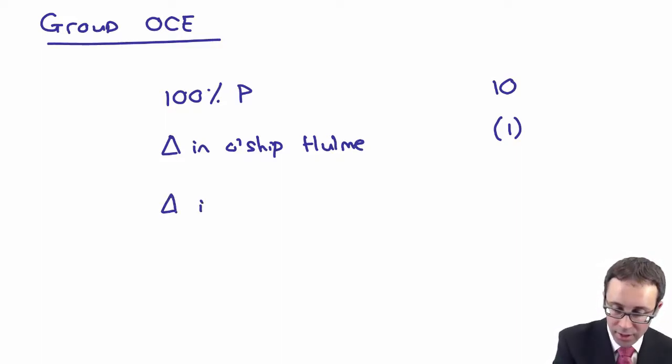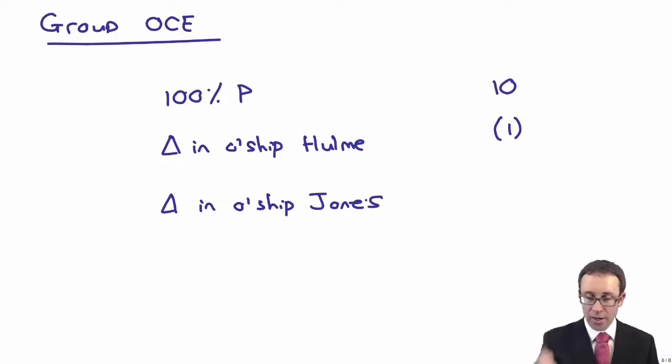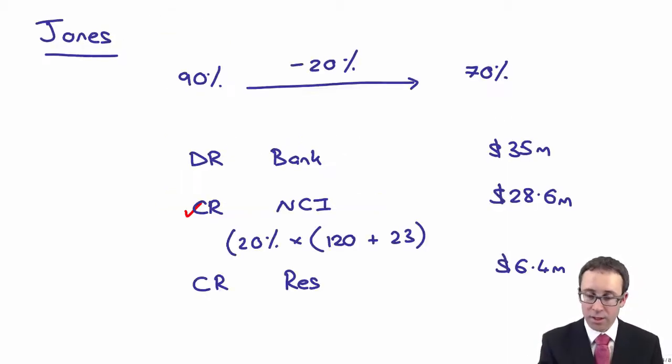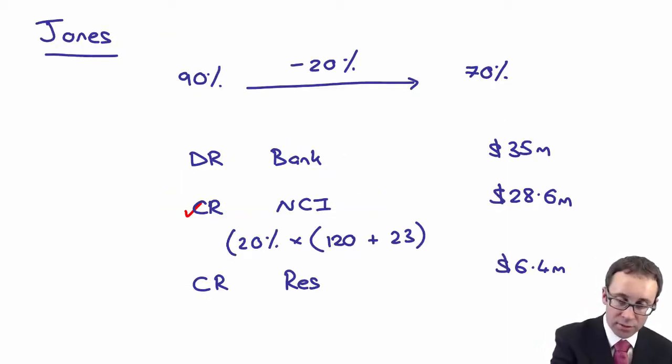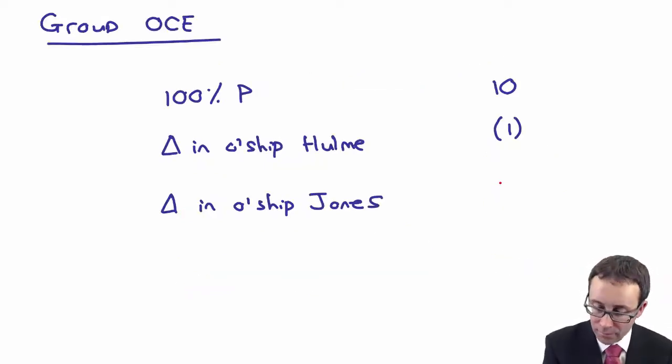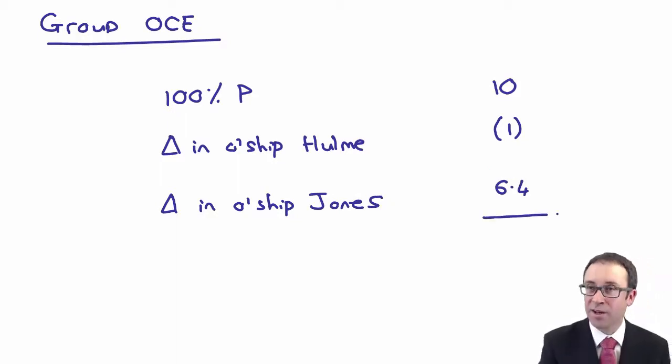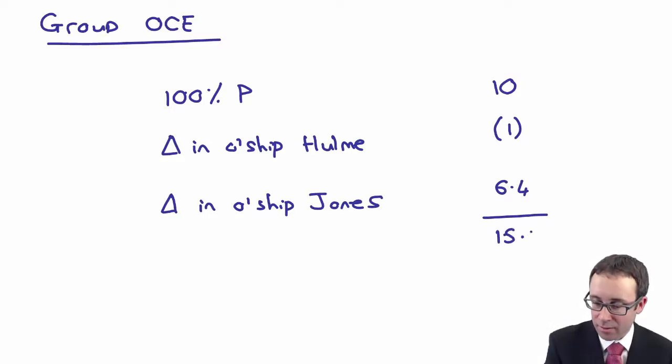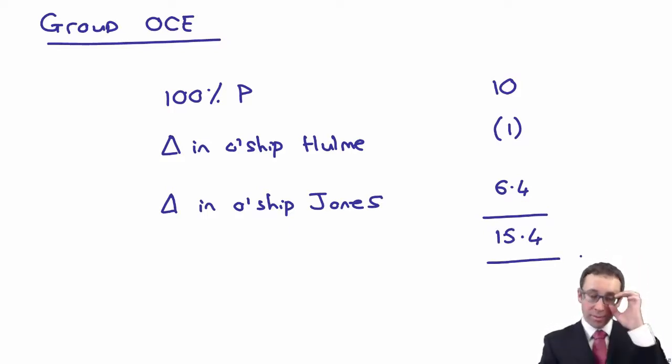And there is also a change in ownership of Jones. If we look at Jones, you have a credit to the reserves, so an increase of 6.4 million. If you total that up, does that give you 15.4 million? Excellent. Wow. Imagine trying to do that within a real exam. You're just going to be tested on aspects of it, aren't you?